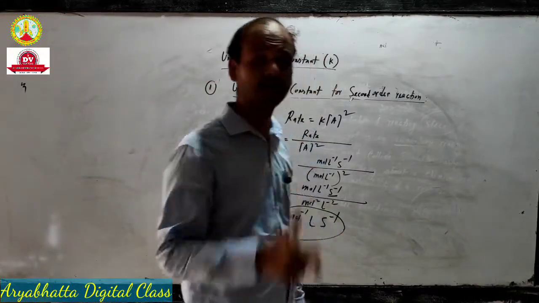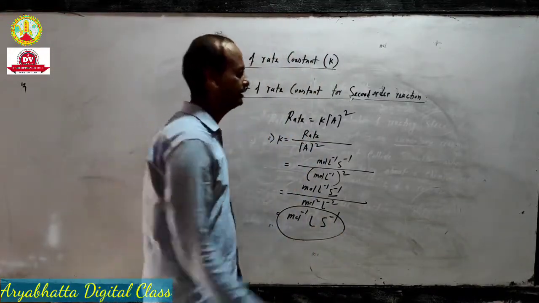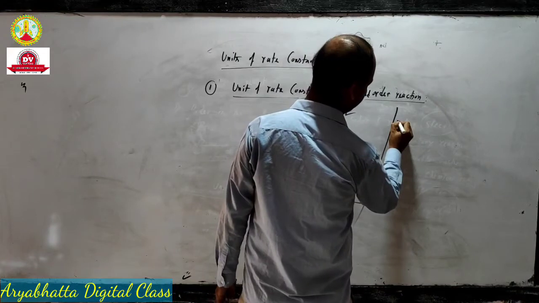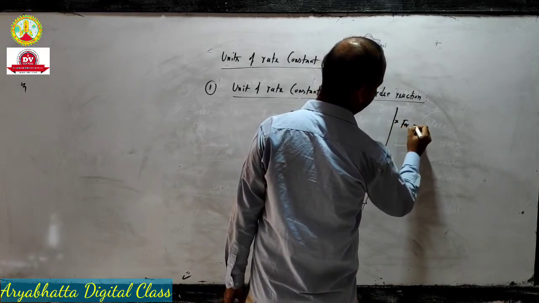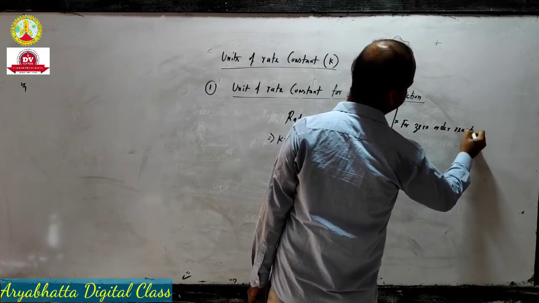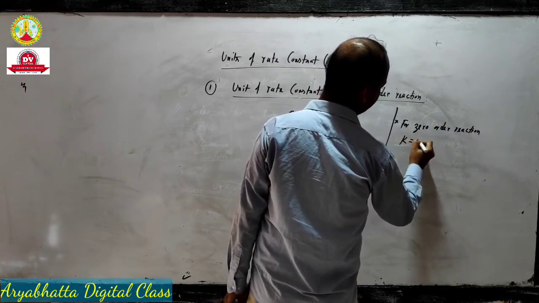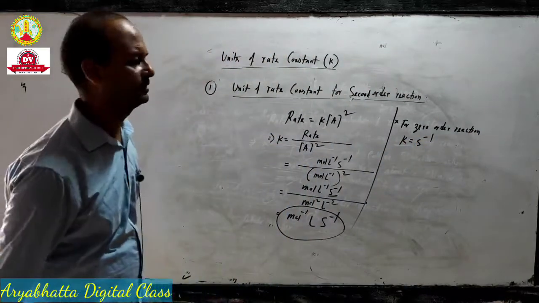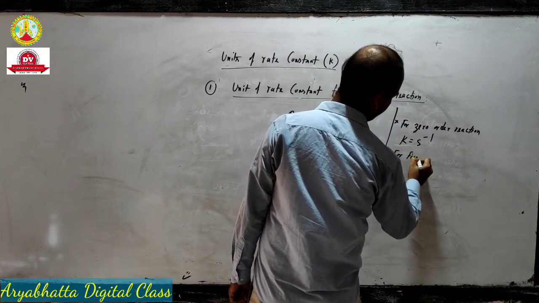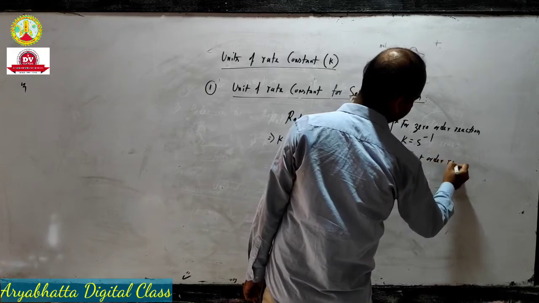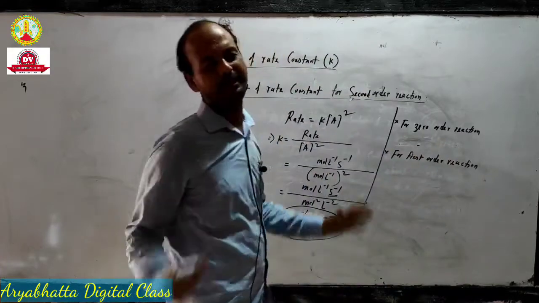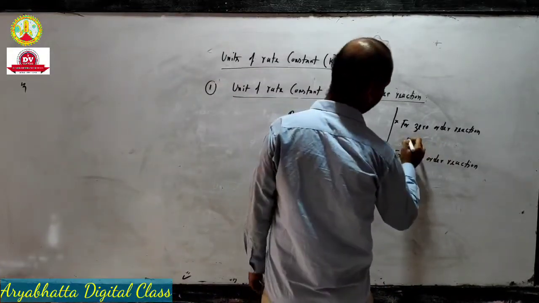This is the unit of the rate constant for a second order reaction. Now, what did we learn earlier? For a zero order reaction, what is the unit of the rate constant k?